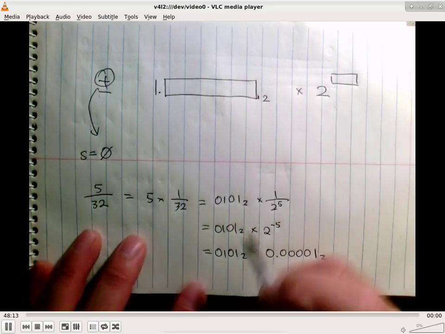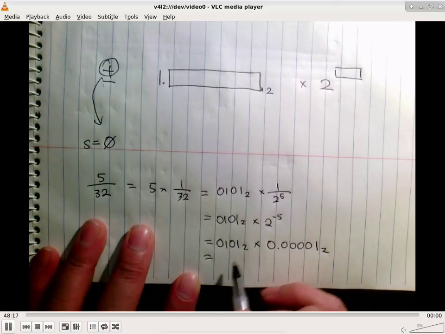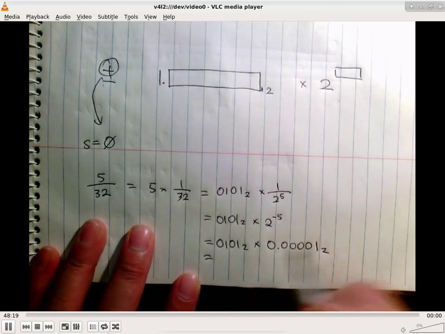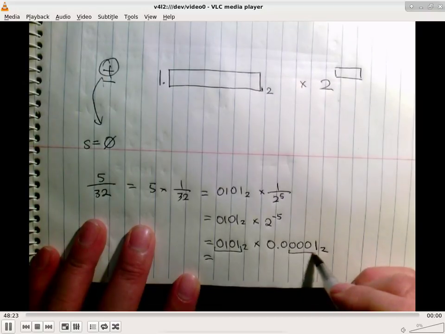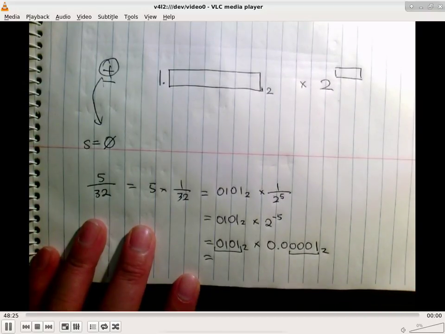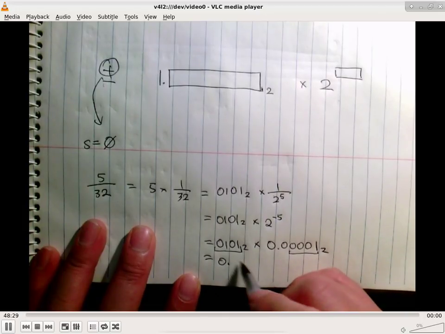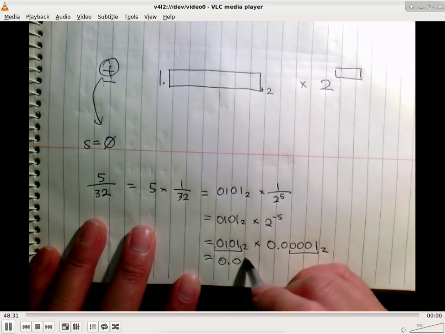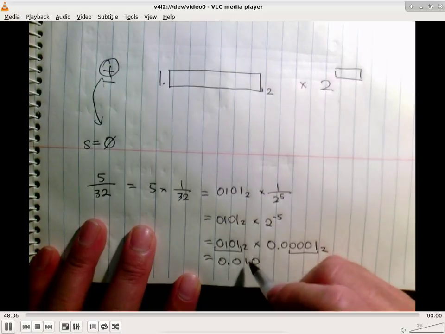So now we can take this one and go like, can we just use the usual base 10 trick and move this entire thing over here? Sure, why not? So it becomes 0.010. Nope, I missed one.